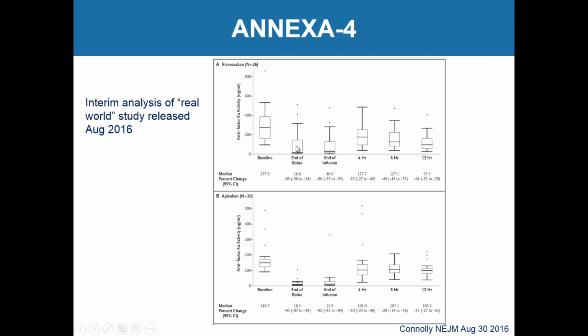Once the bolus was completed, we had a prompt decrease in anti-factor Xa activity in almost all of the patients, with a few outliers, in those treated with rivaroxaban versus all of the patients treated with apixaban. After the 2-hour infusion, there was a bump up in the anticoagulant activity of either rivaroxaban or apixaban, but andexanet was able to suppress the anticoagulant activity during the bolus and the 2-hour infusion.